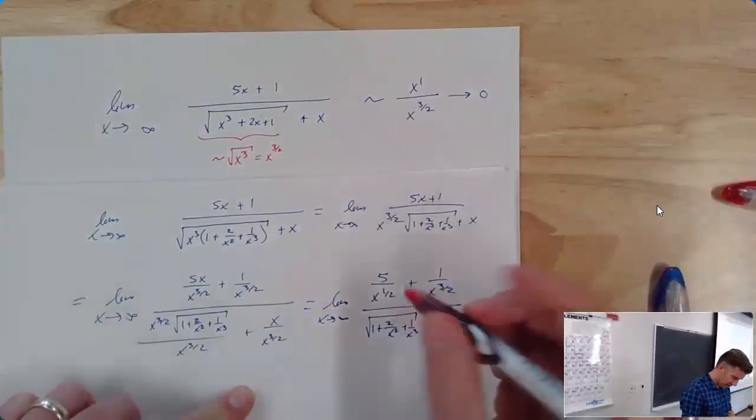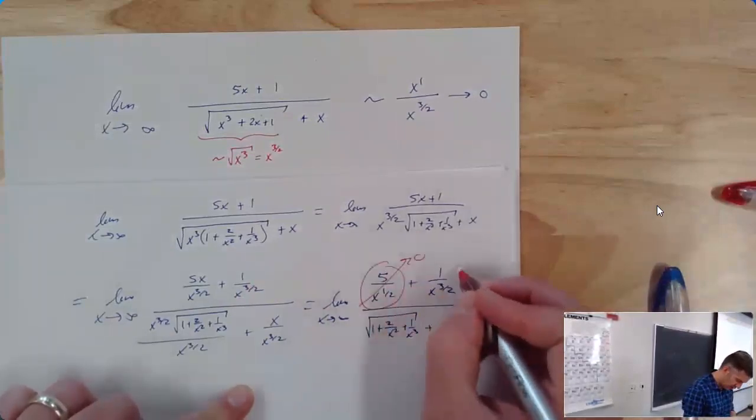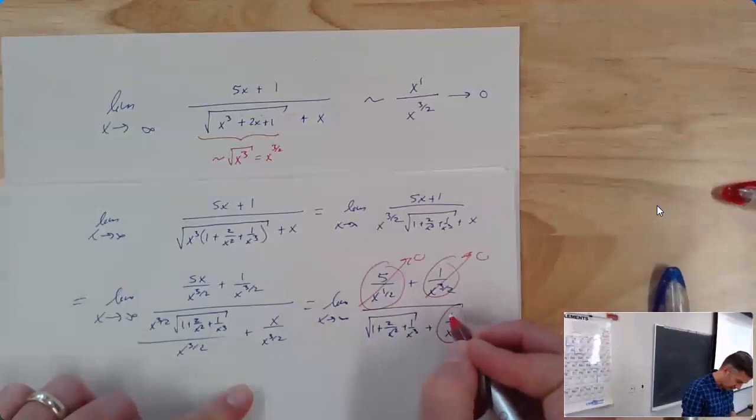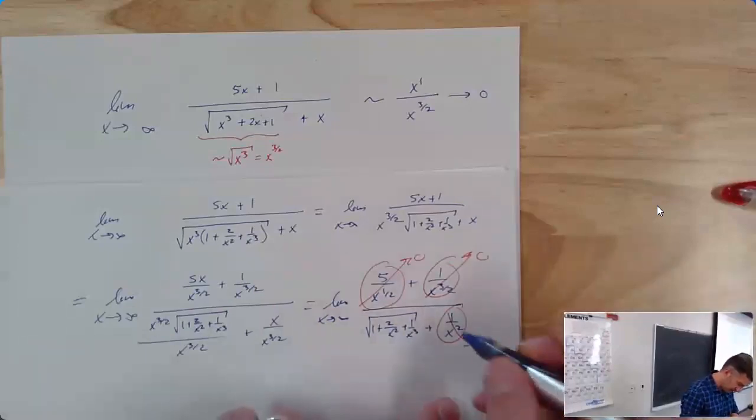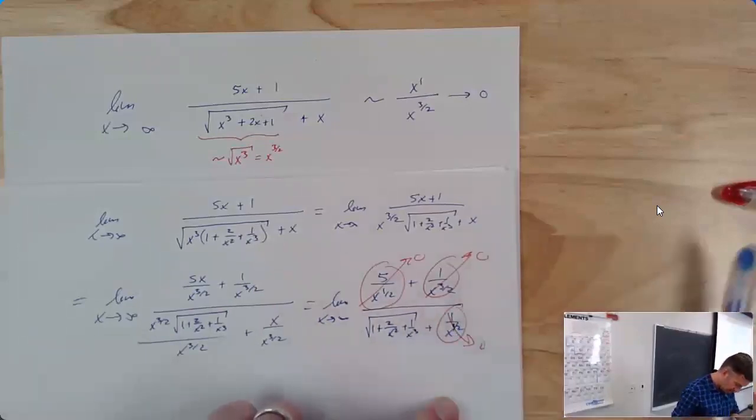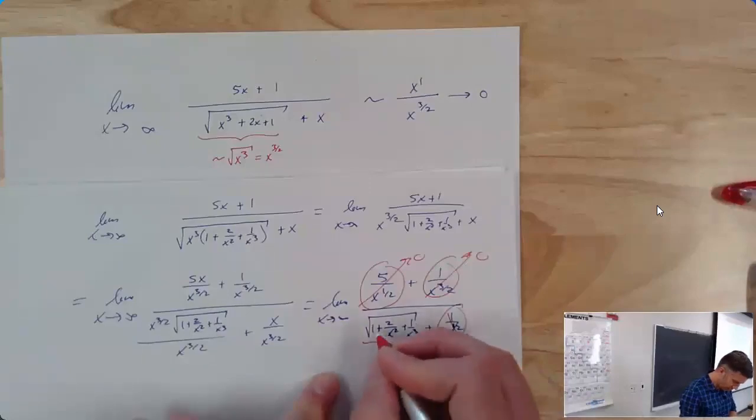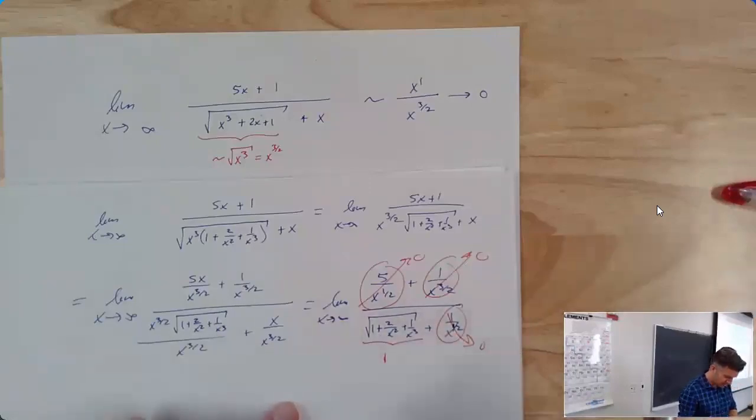And then this thing goes to 0, this thing goes to 0, this thing goes to 0. That should be an x to the 1 half, not an x squared. And this thing goes to 1, because it's 1 plus 0 plus 0. So you end up with 0 over 1.